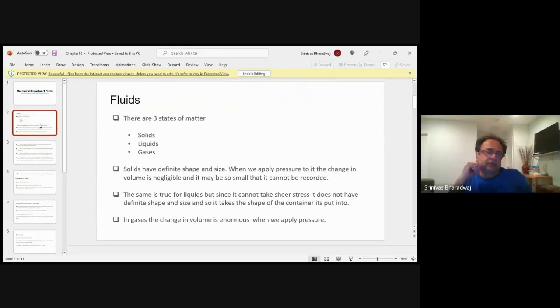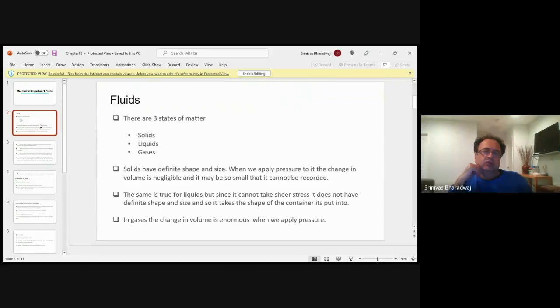So when we look at mechanics, we largely look at rigid body dynamics. We say the body stays rigid, and no work is done to transform it. In the case of a ball, you pitch it, you drop it, it will change shape a little bit, but then it will come back to its original shape. If you apply pressure, the change in volume is negligible.